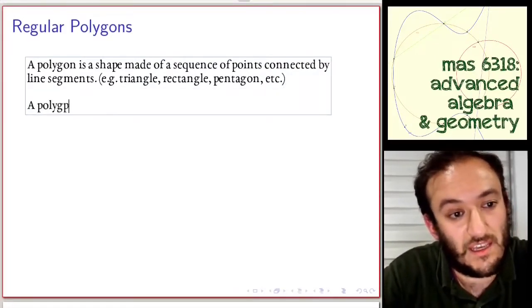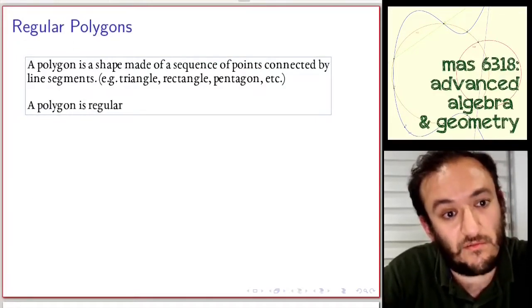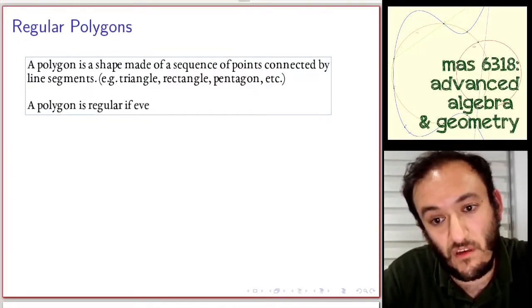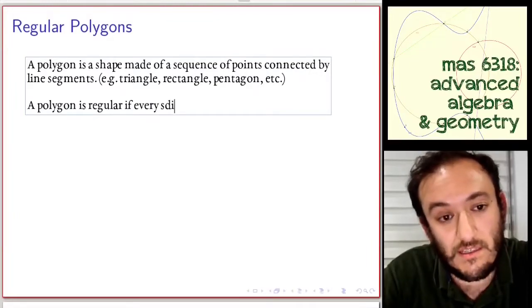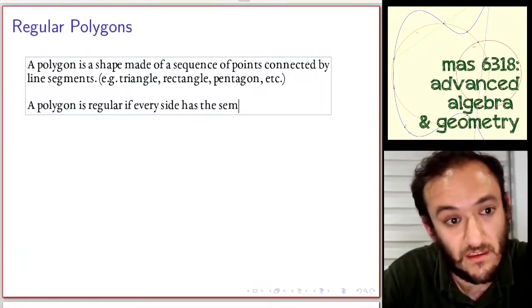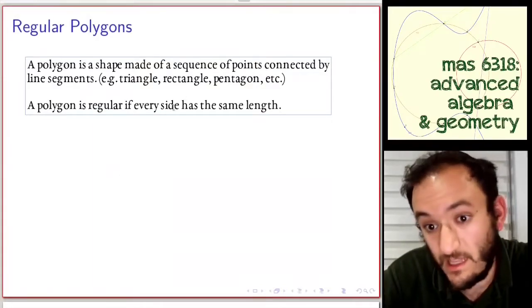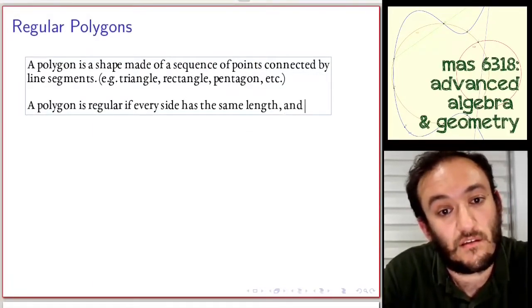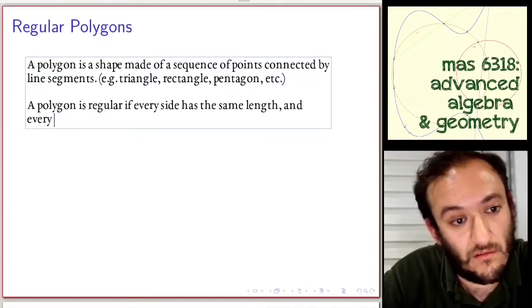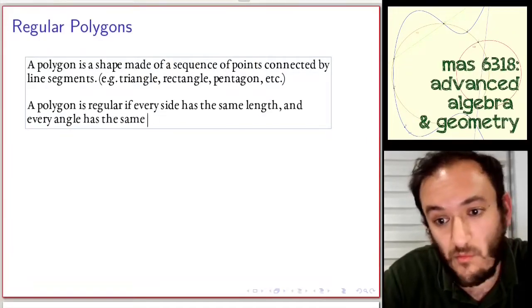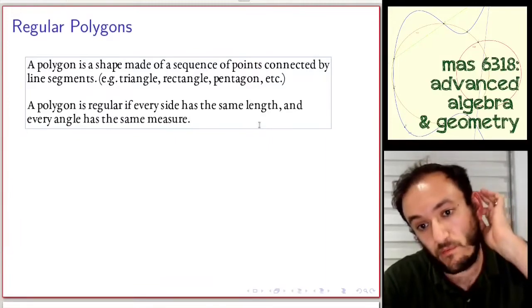A polygon is regular if every side has the same length. And by side, we mean these line segments. And every angle has the same measure. Okay?